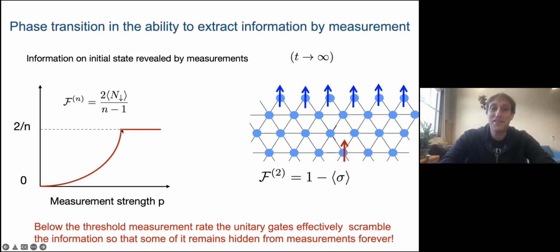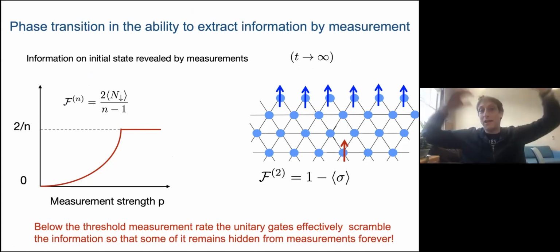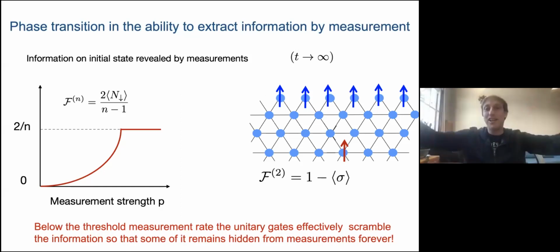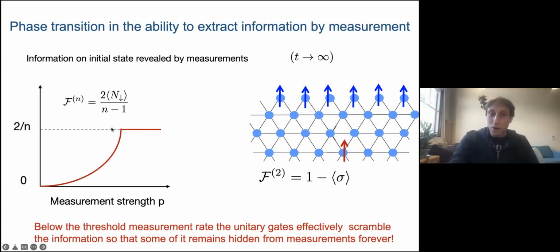So the phase transition in terms of the Fisher information is a phase transition between a situation where after making enough measurements, I can gain the maximal possible information about the initial state, as if I've measured all the spins right after the measurements have been done, or in the other phase, the volume law phase, I'll have some missing information.